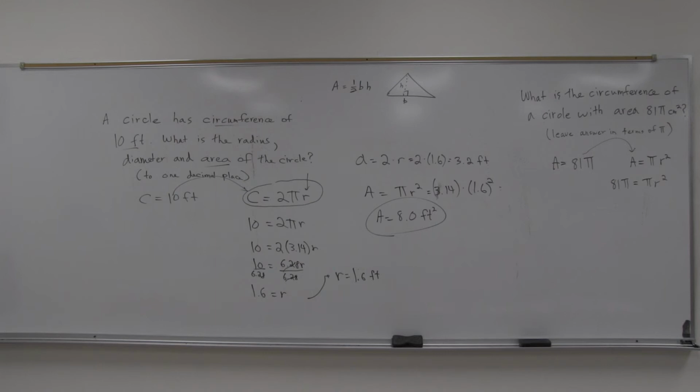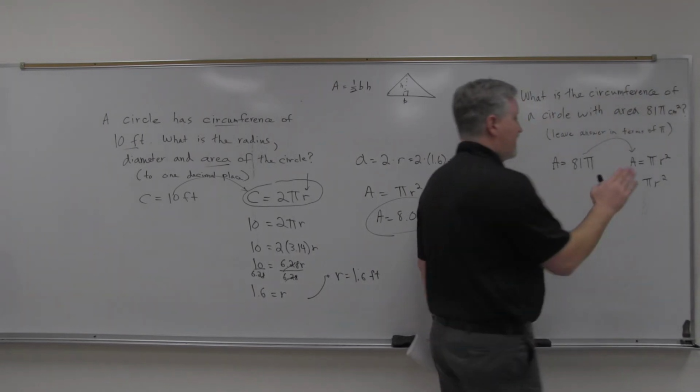And since I want the answer in terms of pi, I'm not going to replace the pi by 3.14. I'm just going to leave that in there because it'll work out here.